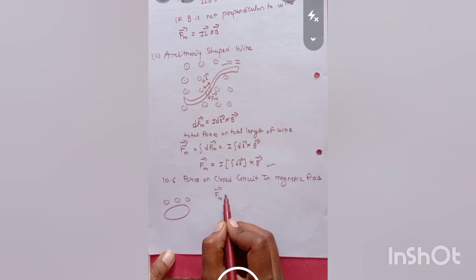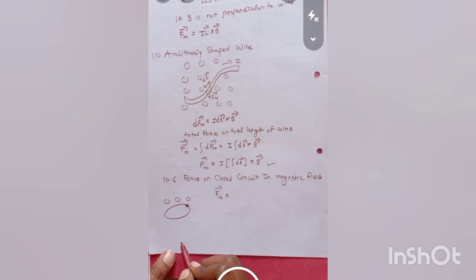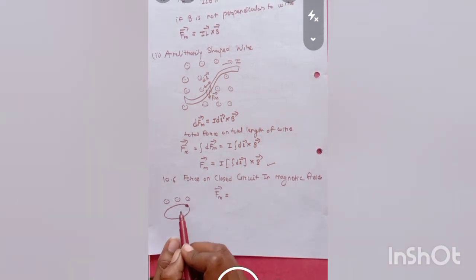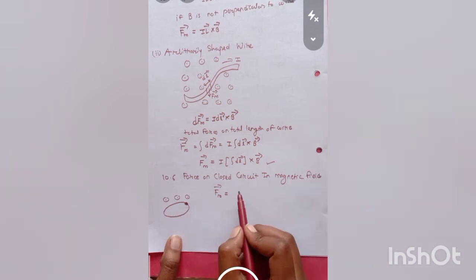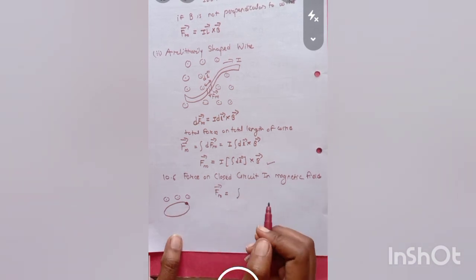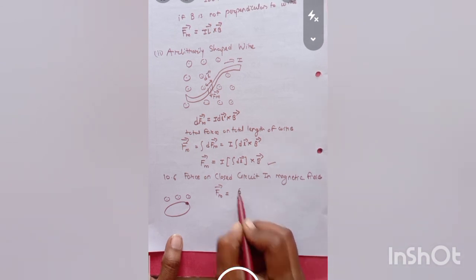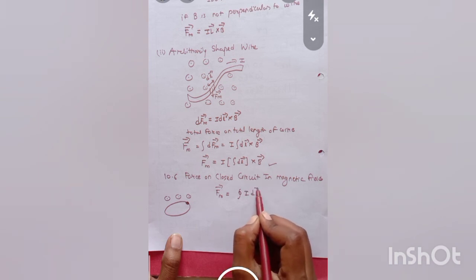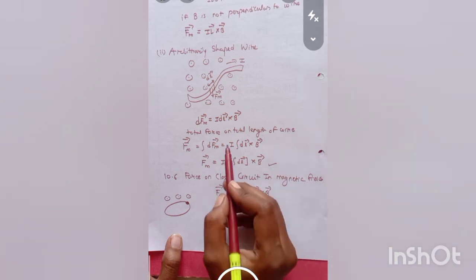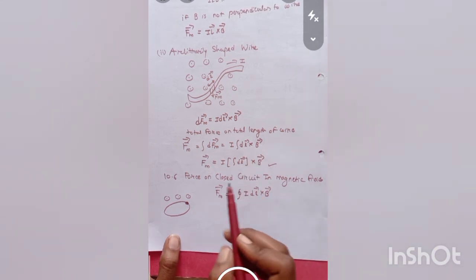So here we will consider for this small infinitesimal length of that wire, and when we solve it, as this is a closed shape, we can take the line integral over the closed shape. We will take this integral over the closed circuit, so it is denoted like this. So this is called the integral over a closed circuit. So here I will write then I vector dl cross B. It will be exactly the same, but this time we have given this symbol to show this body is closed.